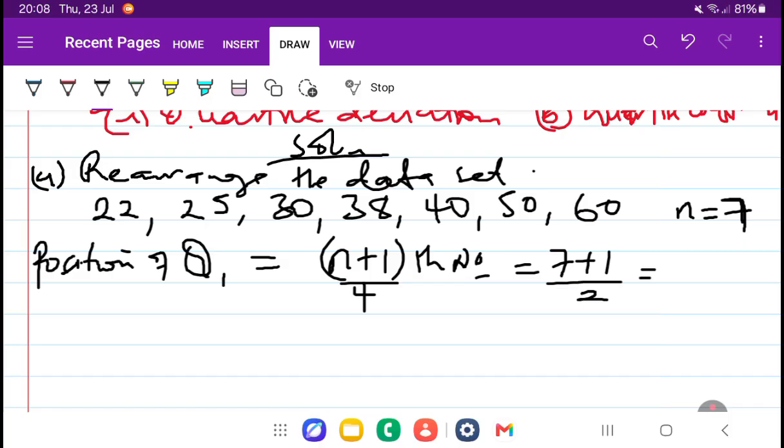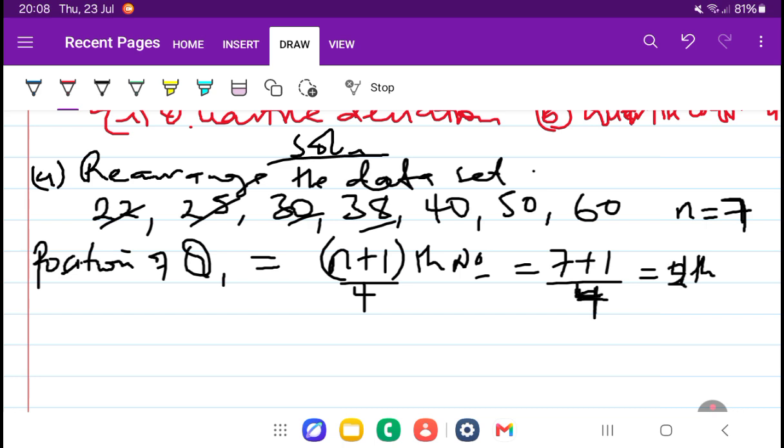That's a 2. Sorry for that, this was dividing by 4.